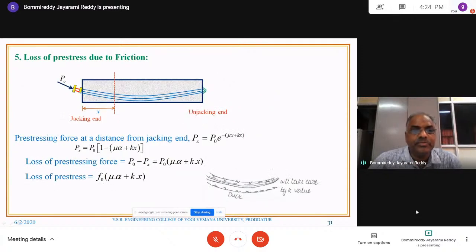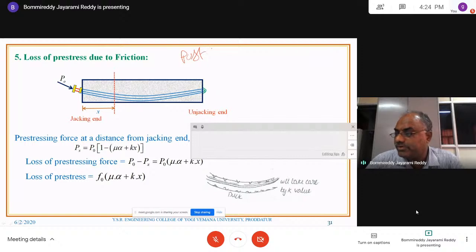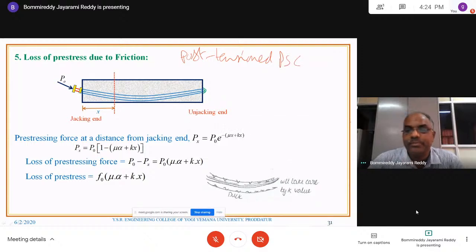Next, loss of pre-stress due to friction. This is only in post-tensioned pre-stressed concrete members. It is not there in pre-tensioned.